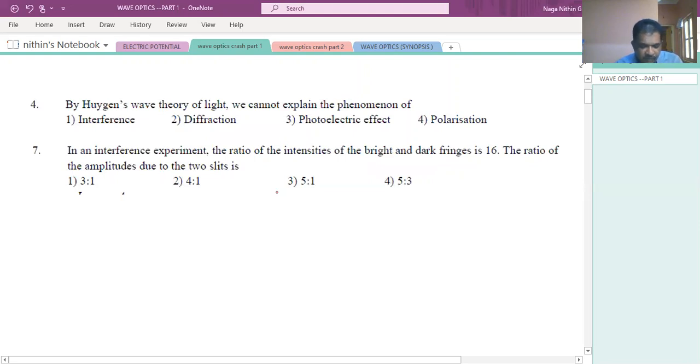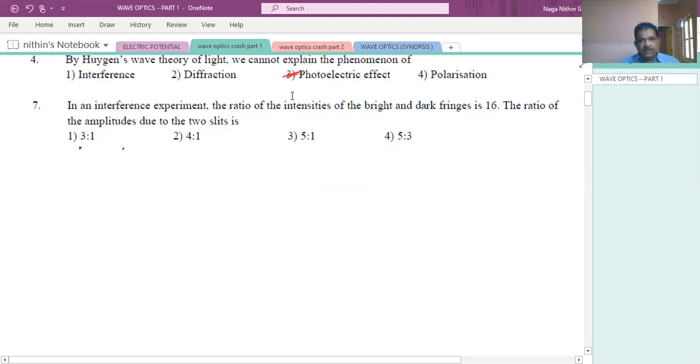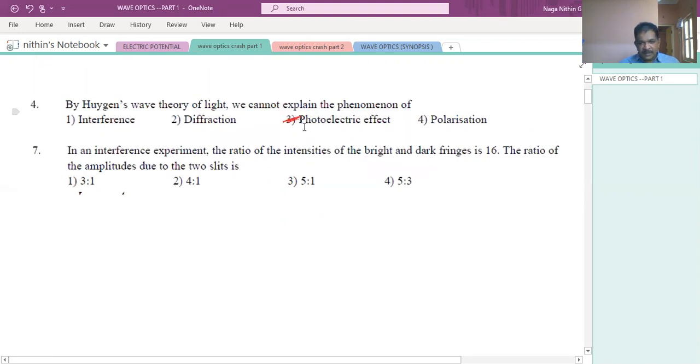So the Huygens wave theory will not explain the photoelectric effect.